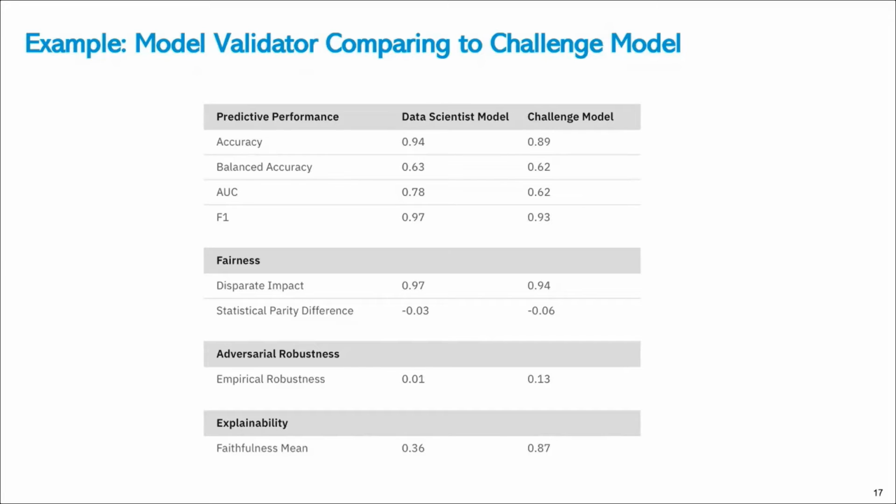I wonder if I could solve the same problem with a very simple model, maybe a linear model with 5 features. So the validator often creates this challenge model, a very simple model, to see how much worse it is than the data scientist's model. If it's close to the data scientist's model, then often the validator tells the data scientist, you kind of overthought this. Please see if you can simplify your model so that we have less risk. And this illustrates this kind of comparison. Next slide.